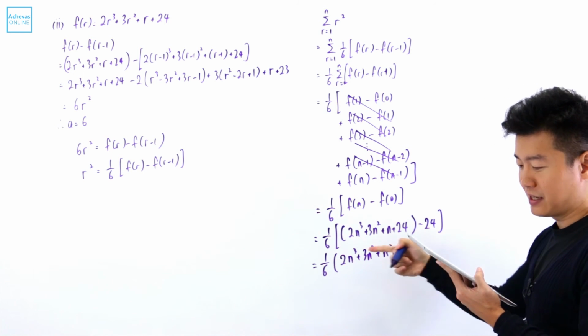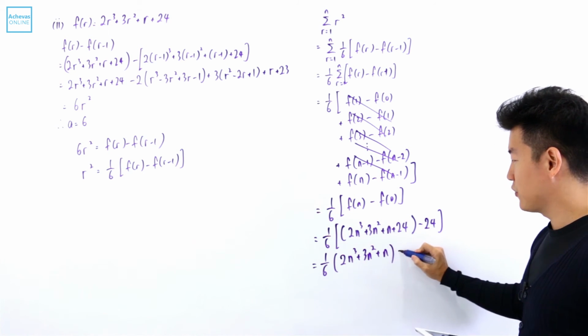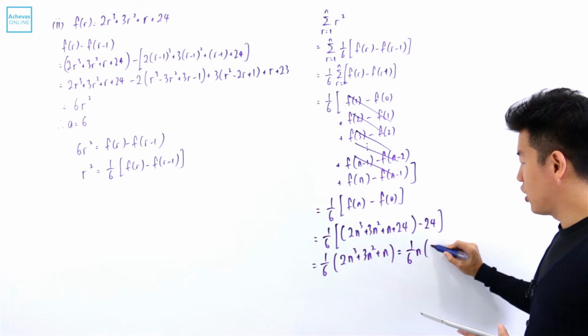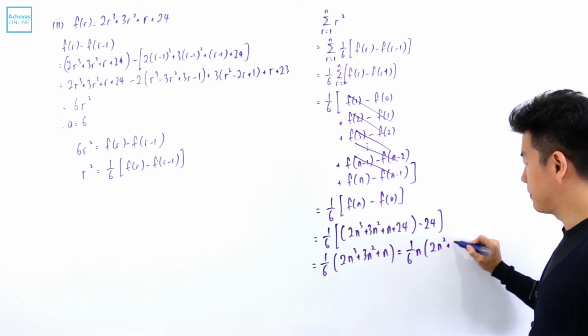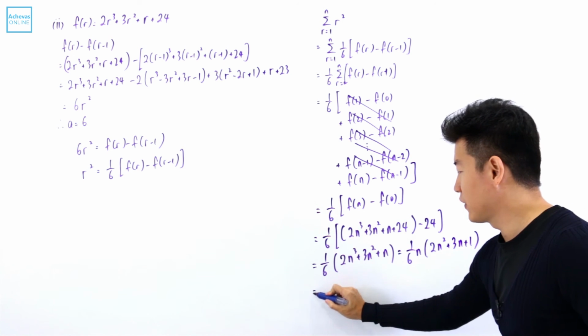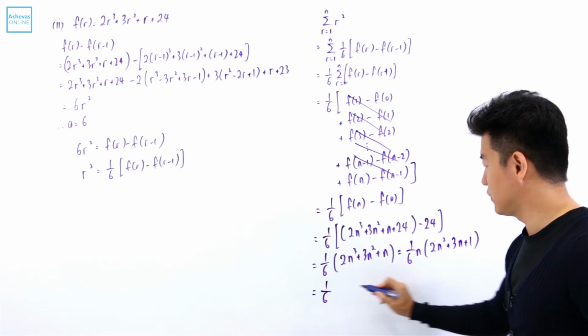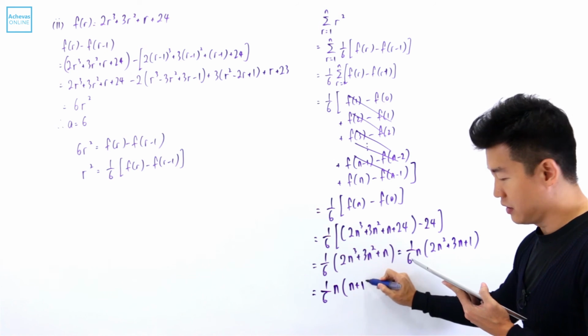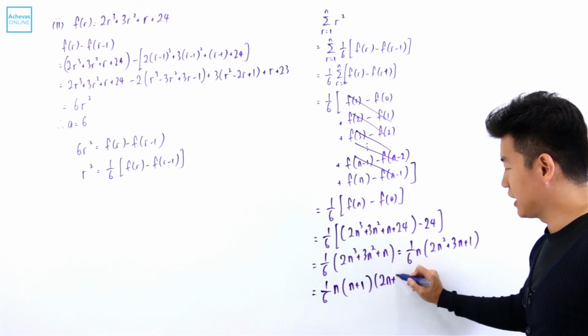What we can do is try to factorize this. I'm going to factorize out n. So this is 1 over 6 n (2n squared plus 3n plus 1), which I can factorize further. Factorizing this further, it is 1 over 6 n (n plus 1)(2n plus 1).